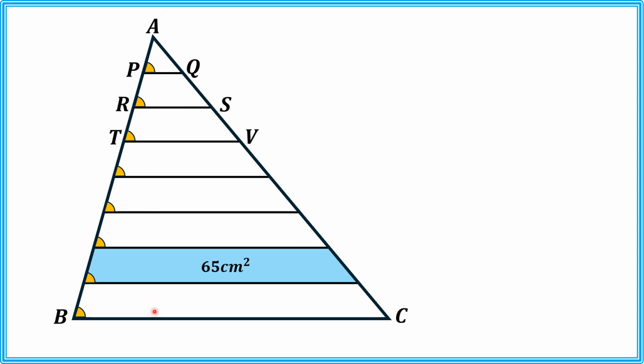are similar. If the triangles are similar, then the ratio between the areas of the triangles is equal to the square of the ratio of their sides.